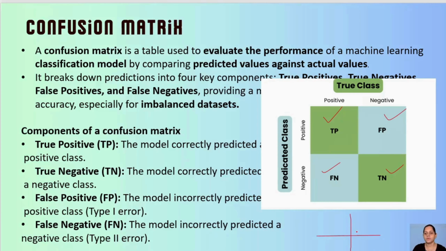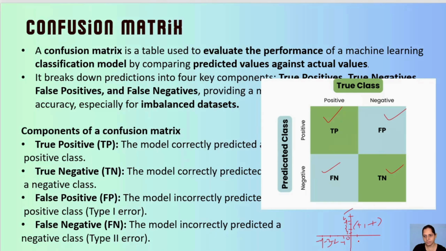In coordinate geometry, what we understood is that the measurements are like this: 0, 1, 2, 3, 4, 5. Similarly on this side, -1, -2, -3, -4, and like that.